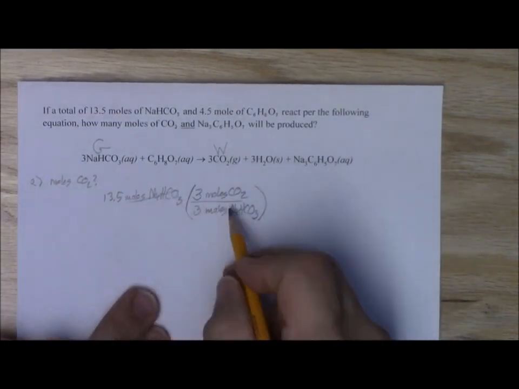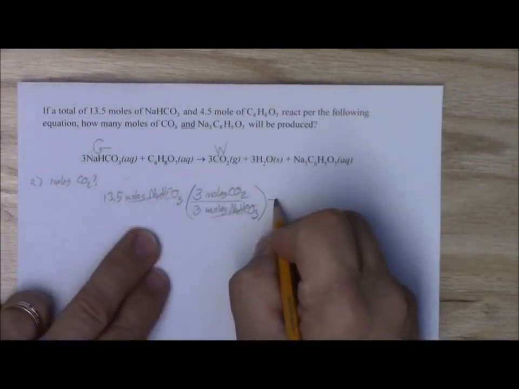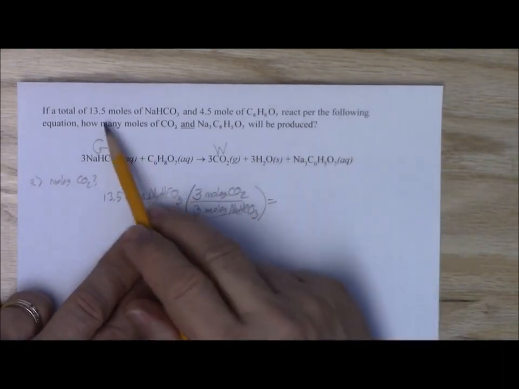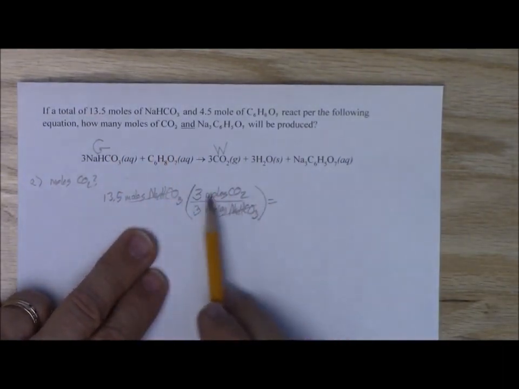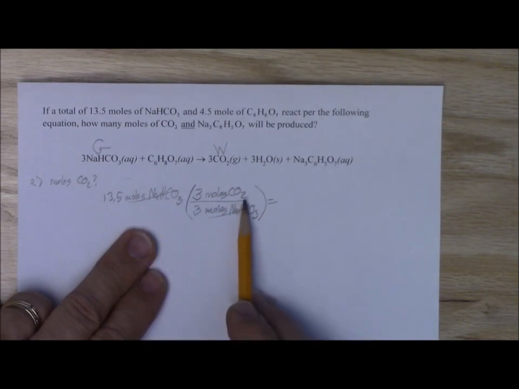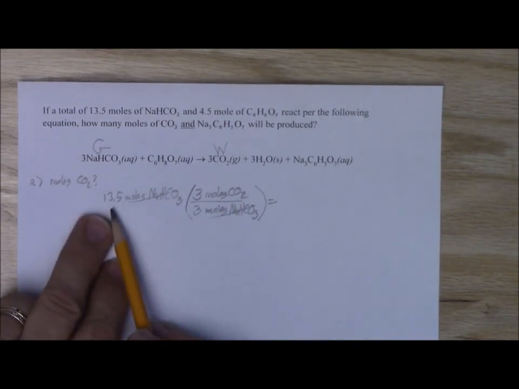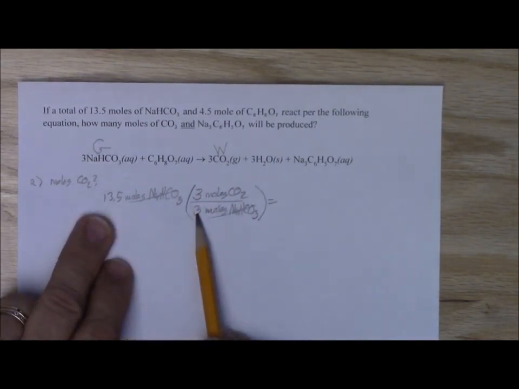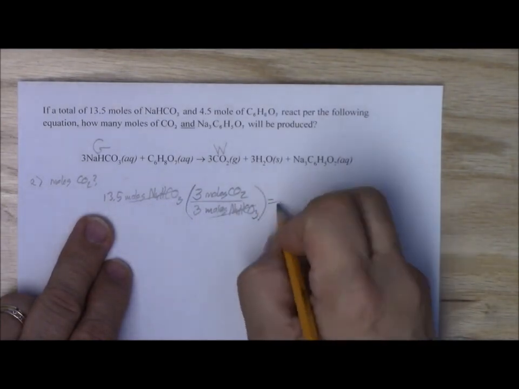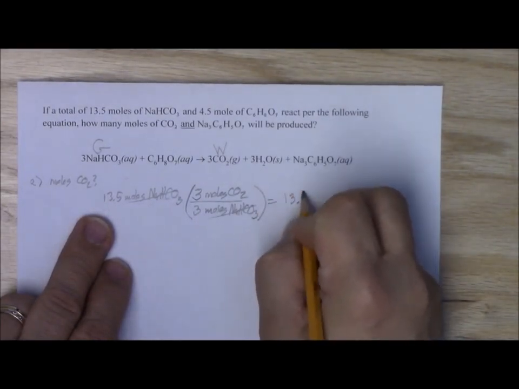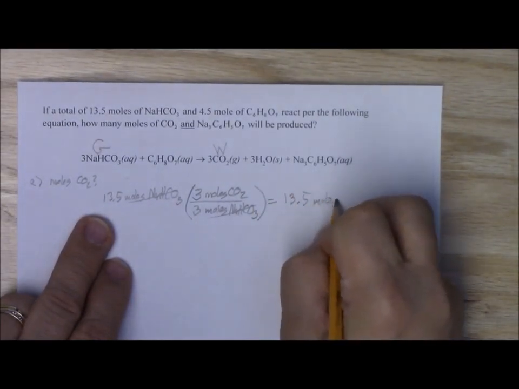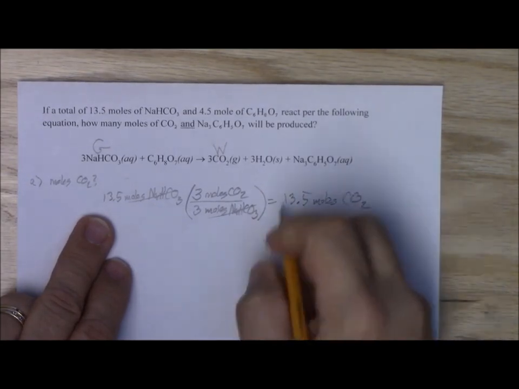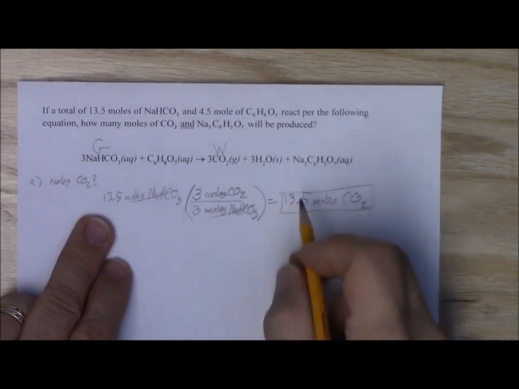Moles of NaHCO3 cancel, and they're asking for moles of CO2. Well, 13.5 times 3 divided by 3, guess what? It's 13.5 moles of CO2. That's the answer to part A.